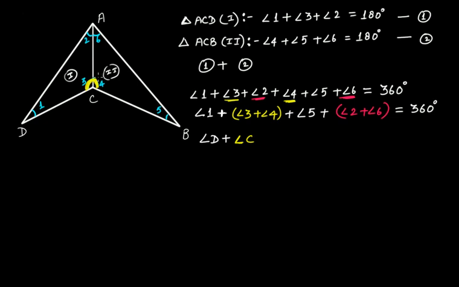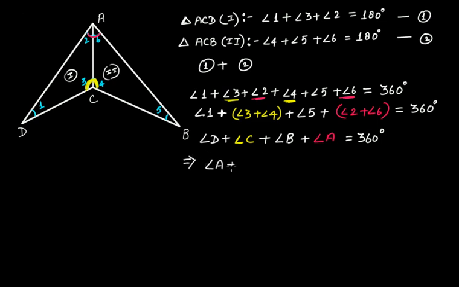A quadrilateral or a polygon becomes concave only when one of its internal angles is greater than 180 degrees, right? This is plus angle C, then plus this angle 5 is what? Angle CBA, or simply write it as angle B, then plus angle 2 plus angle 6 is angle BAD, or simply angle A, and this is equal to 360 degrees. Just rearrange them and you have already got the answer.